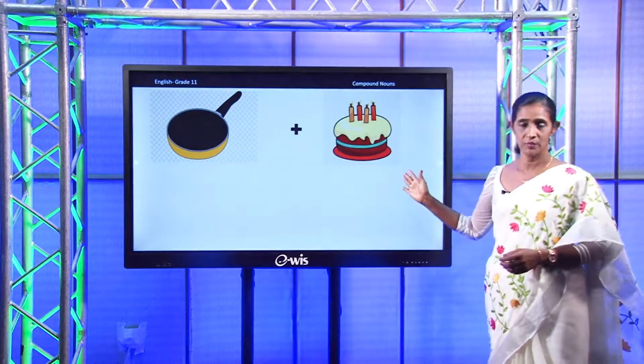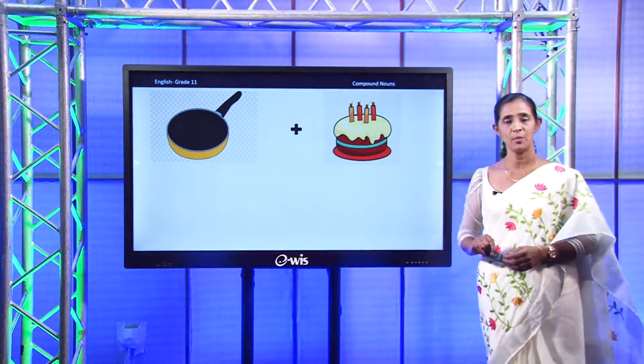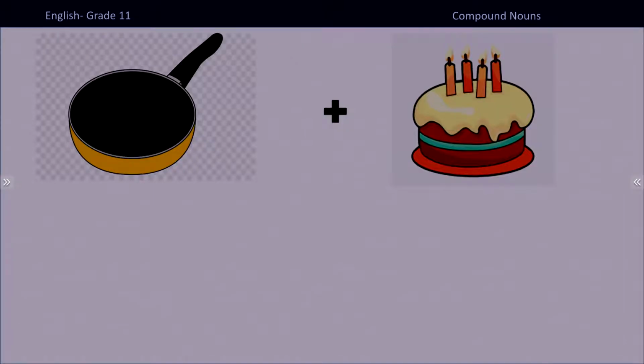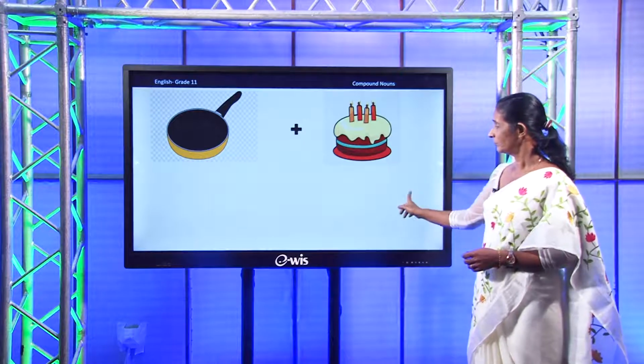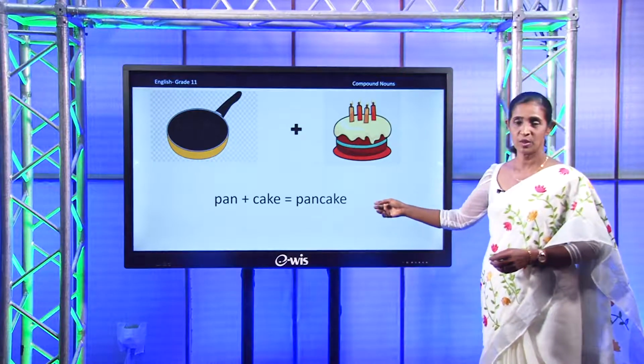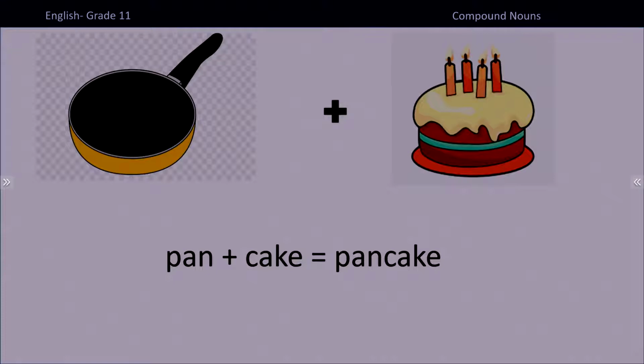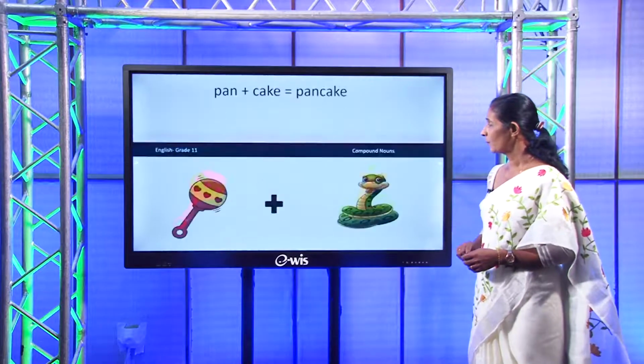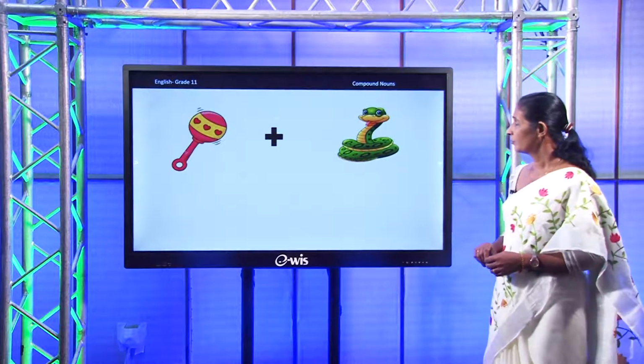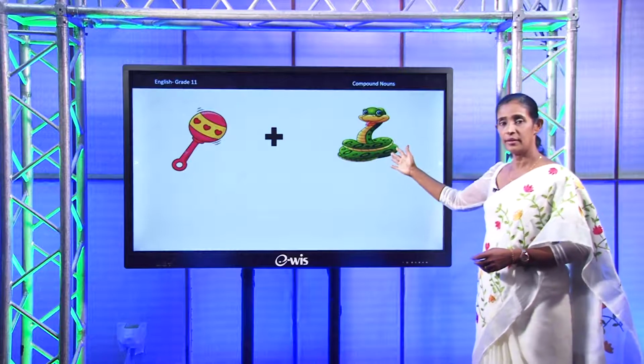Right, that's the one we discussed. The first one as an example, pan and the cake. It's a pancake. You see the spelling? If you miss something, you can correct them. Pan, cake, pancake. The next one, rattle and the snake.